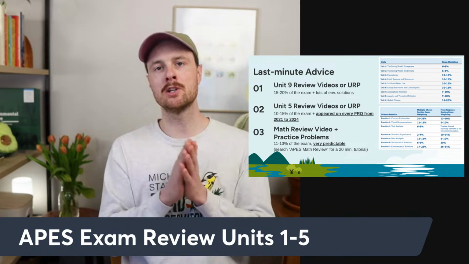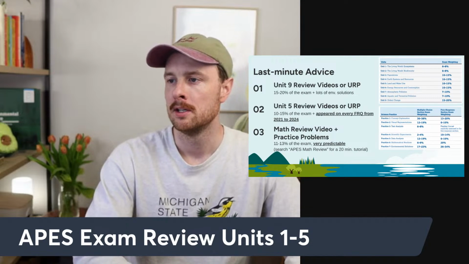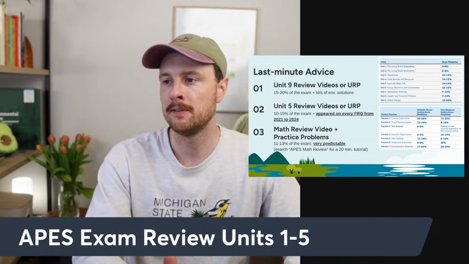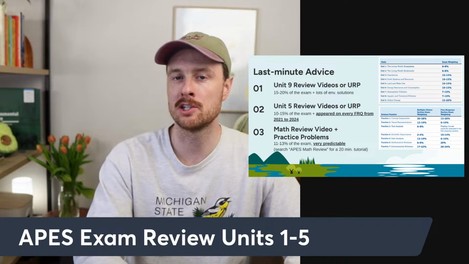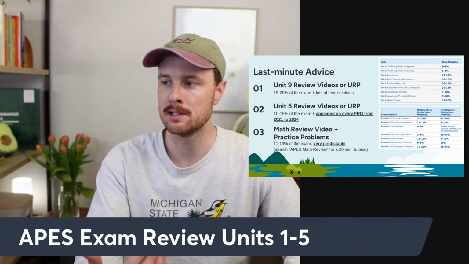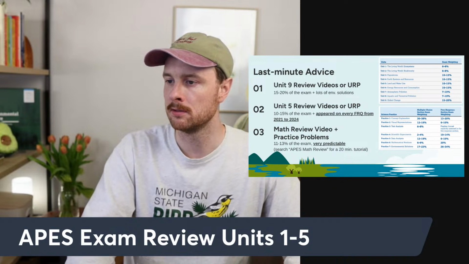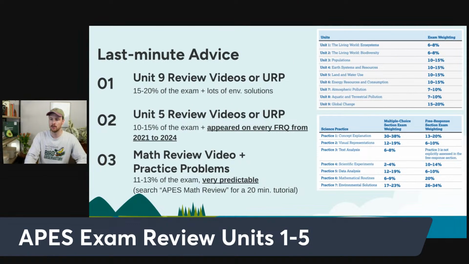Okay. So here's my last minute advice. This is to the first group of people who are panicking. Unit 9 is 15 to 20% of the exam, and it has a ton of environmental solutions, which from a skill standpoint are a huge part of the exam. I'm going to tweak our view a little bit here so you can see the slides better.